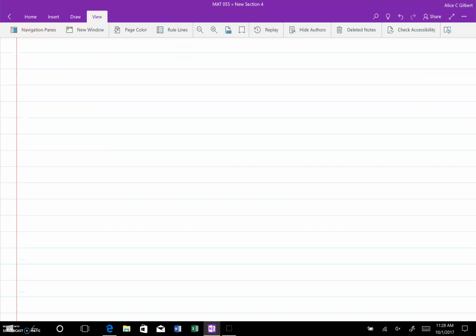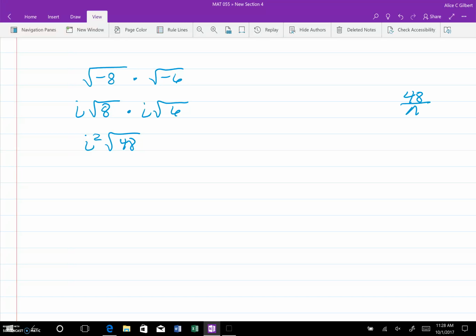Let's do some more. Square root of negative 8 times the square root of negative 6. So again, I'm going to take the negative out of each of these, and then they become i's. And so now I get i squared times the square root of 48. 48, let's do our prime factorization. 2 times 24, 2 times 12, 2 times 6, 2 times 3.